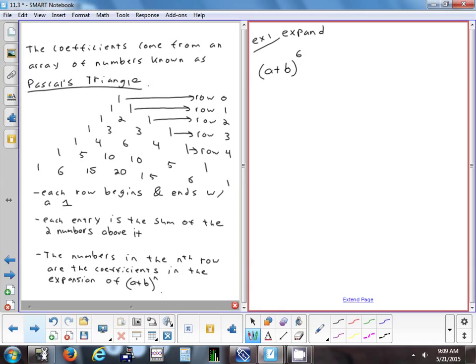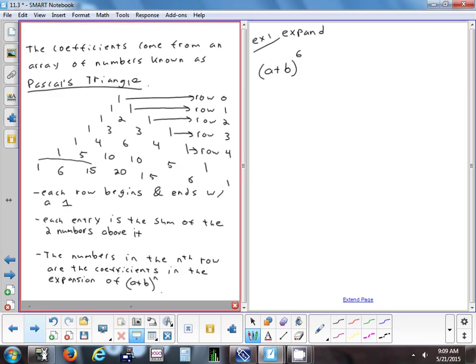All right, so let's try this one. Let's try to do a plus b to the sixth without doing all the distributive property. What we're going to need is the sixth row, which we have right there.